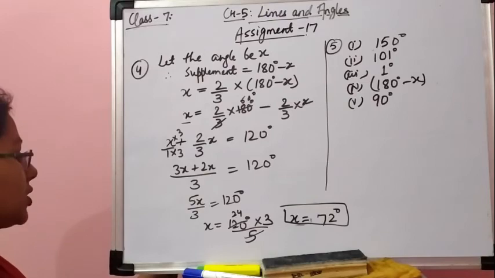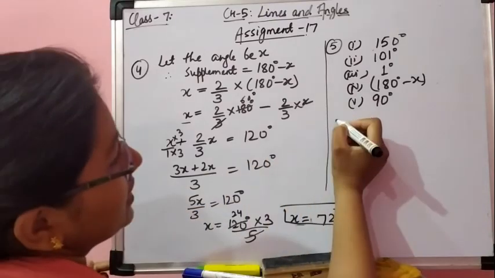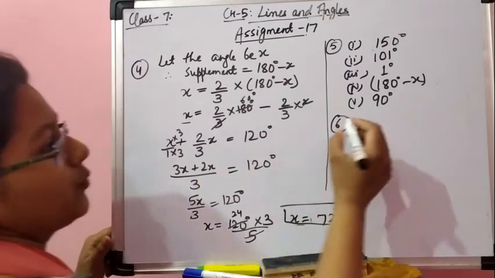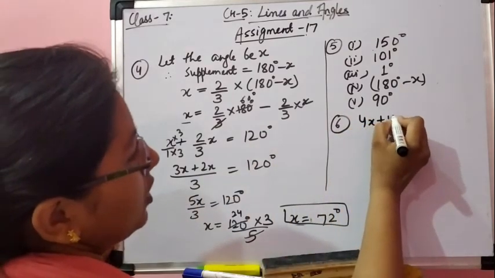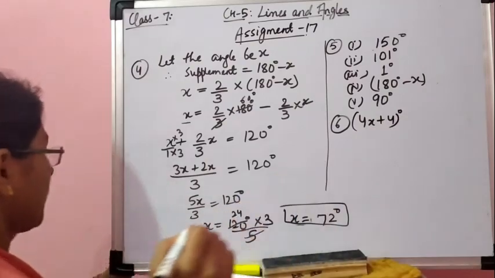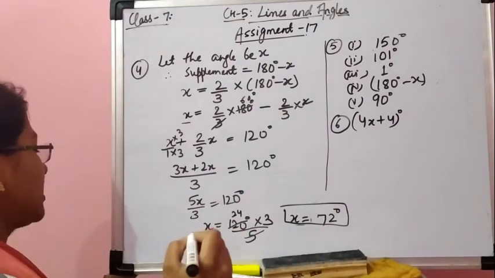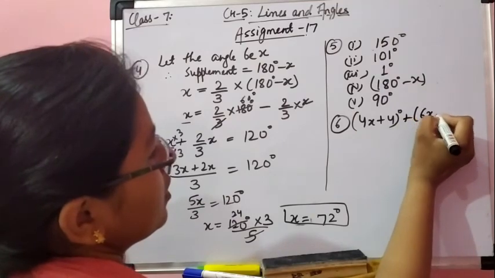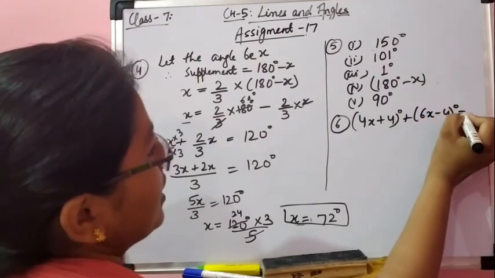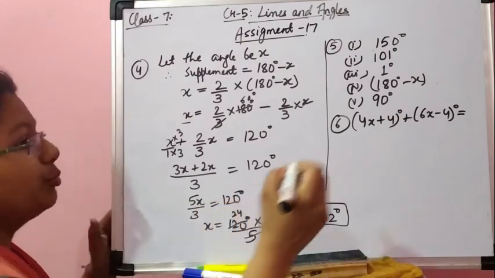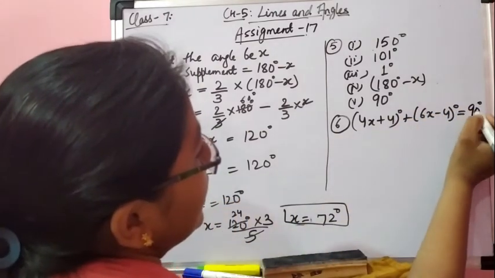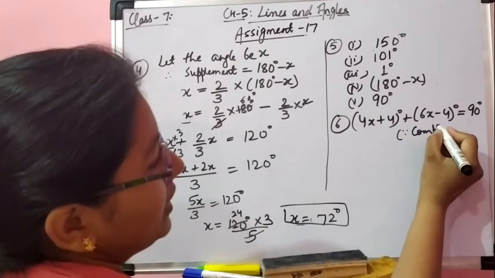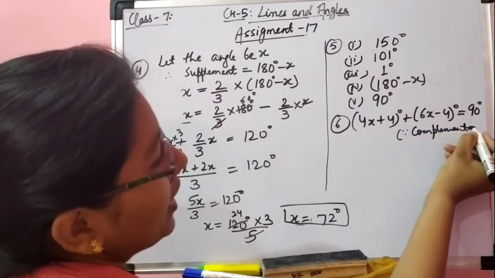Now coming to our 6th question. In question number 6, they are saying that if the angles 4x plus 4 degree and 3x minus 4 degree are complementary angles. They are complementary angles means their sum should be equal to 90 degree. Reason, complementary angles. Why I have taken 90?